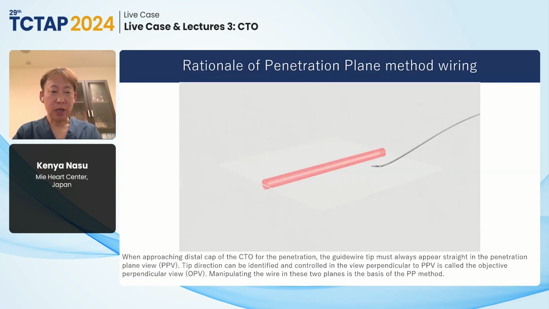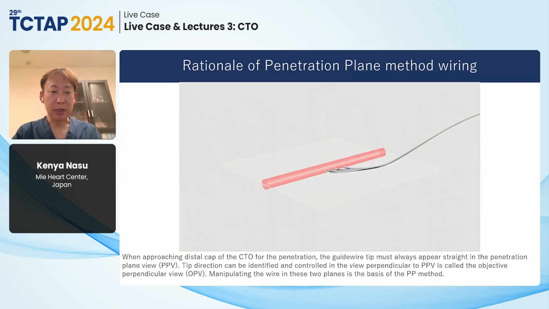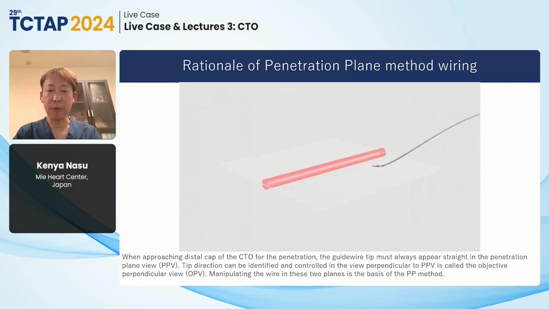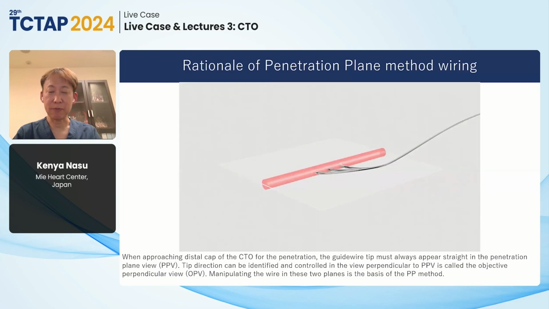When approaching the distal cap of the CTO for the penetration, the guide wire tip must always appear straight in the penetration plane view, PPV. Tip direction can be identified and controlled in the view perpendicular to PPV, called the objective perpendicular view, OPV. Manipulating the wire in these two planes is the basis of the penetration plane method.